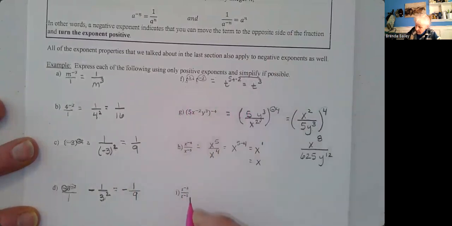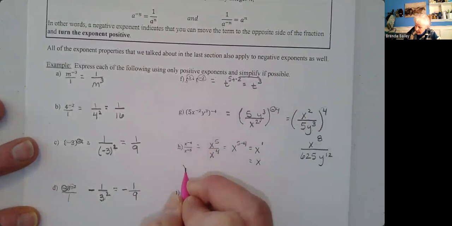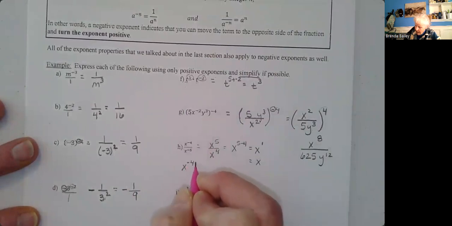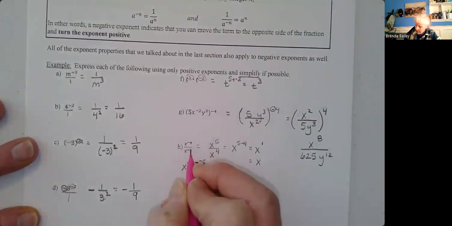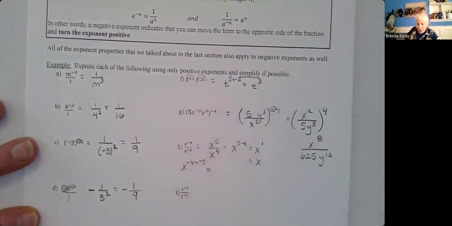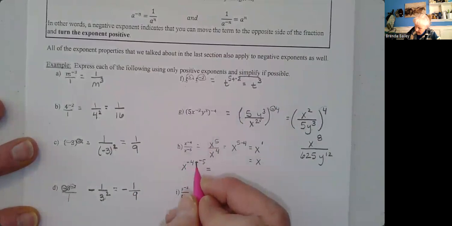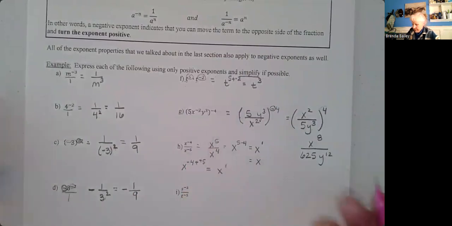Here, looking at this, you could have taken a -4, subtract a -5, because you subtract exponents in division, and that gives you x to the first. So you could have done that similar to what we did with f. You could have done h that way and got the right answer, x. Whatever way seems easiest to you.